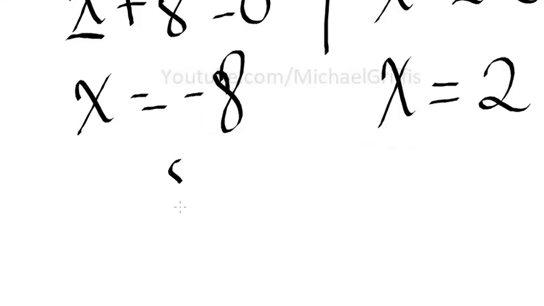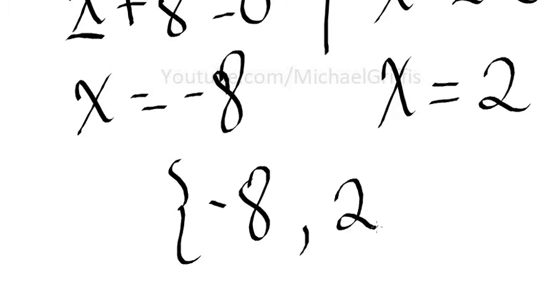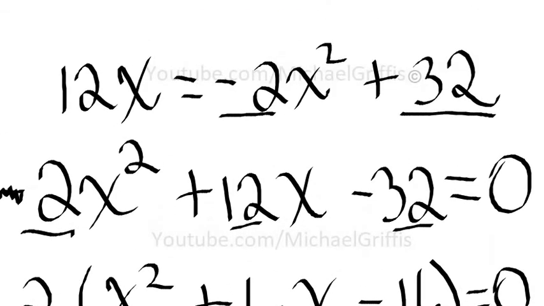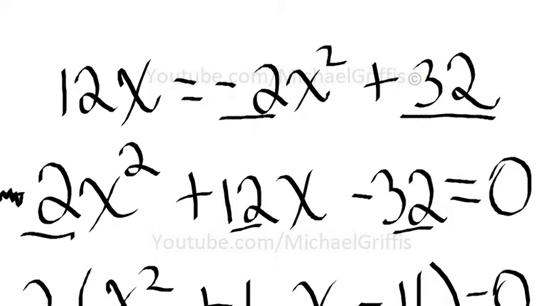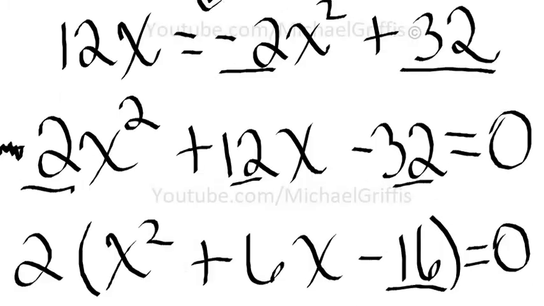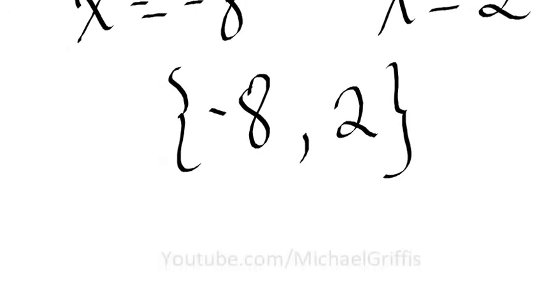So it looks like our solution set consists of negative 8 and 2. Those are our solutions to this quadratic equation. And you can always plug them in, and the left-hand side should equal the right-hand side.